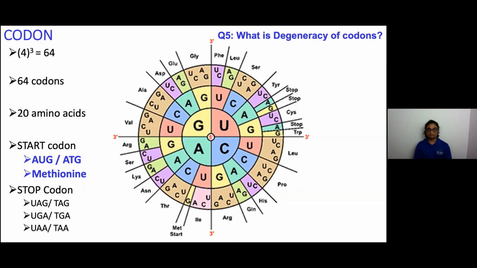And the start codon is always going to be AUG, and that is in the RNA, and we represent it as ATG in the DNA. That codes for methionine, while there are 3 stop codons. So the 3 stop codons are UGA, that is 1 stop codon, the second one is UAG, and the 3rd stop codon is UAA. But if you see the sequence of DNA, then you have to convert U into T. So it will be TAG, TGA, and TAA.